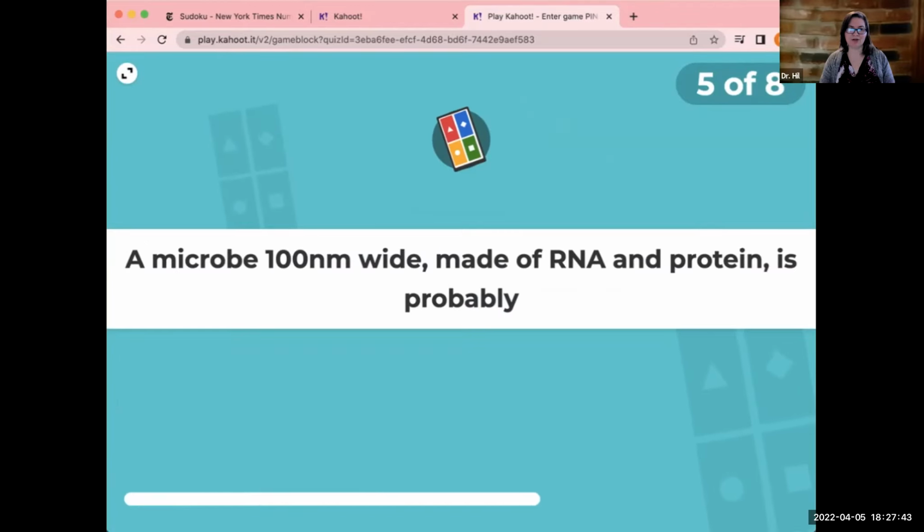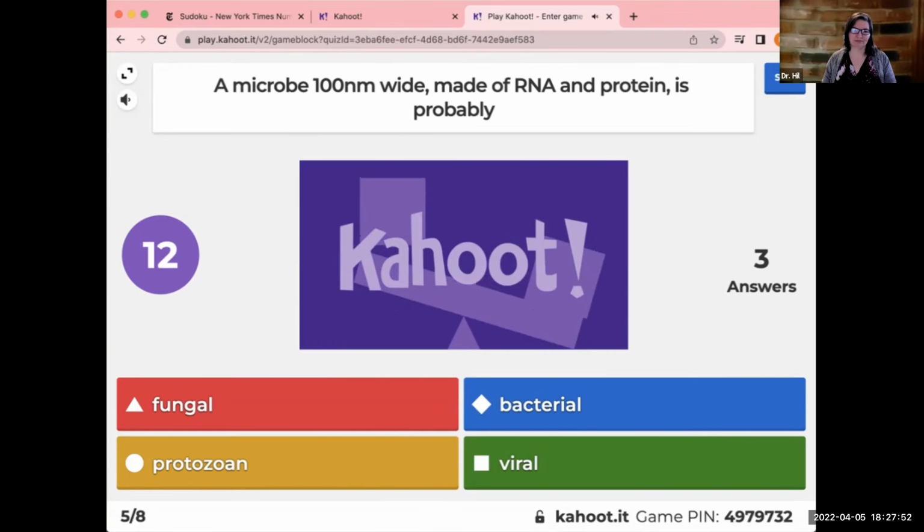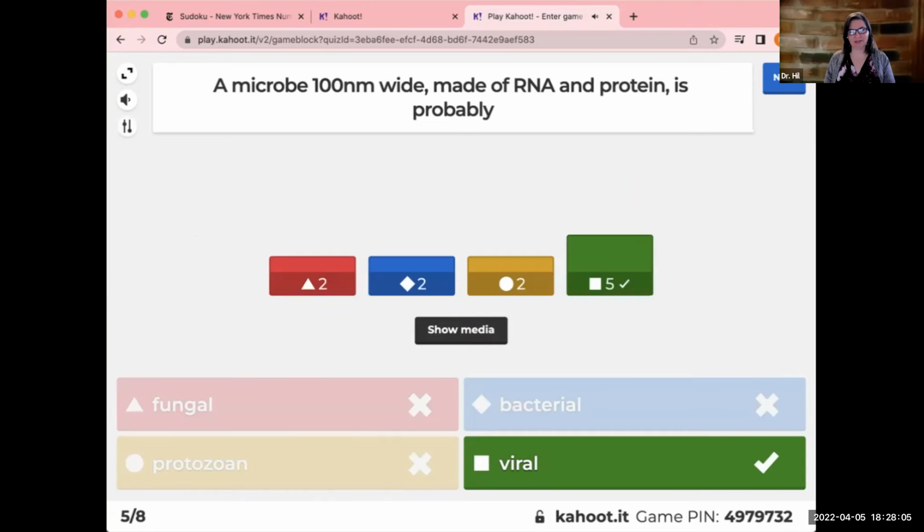A microbe 100 nanometers wide made of RNA and protein is probably a virus. Indeed, a virus. This is smaller than a cell. There's no DNA, but there is more than just RNA, so it's not a viroid and it's not a prion.